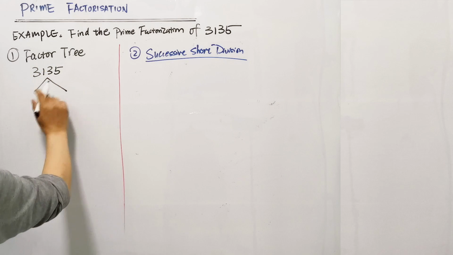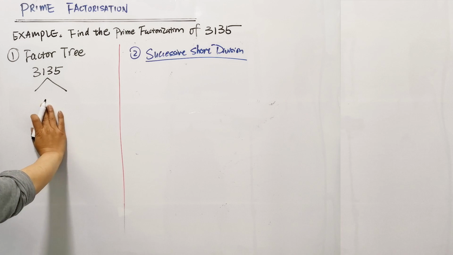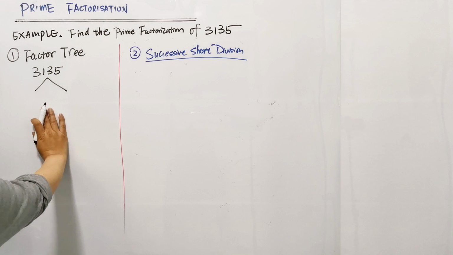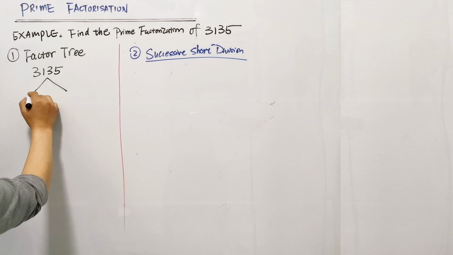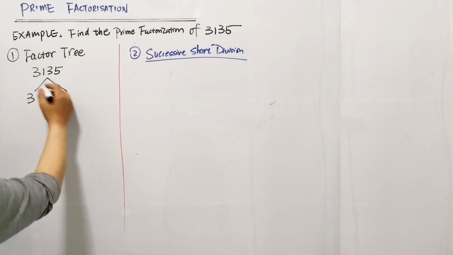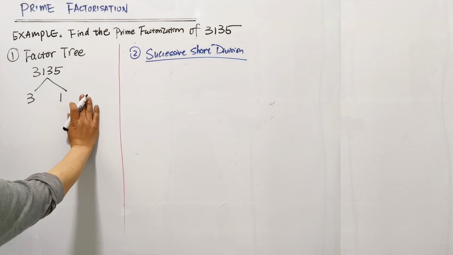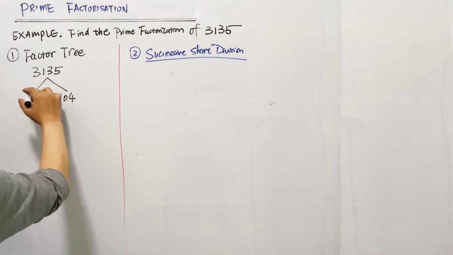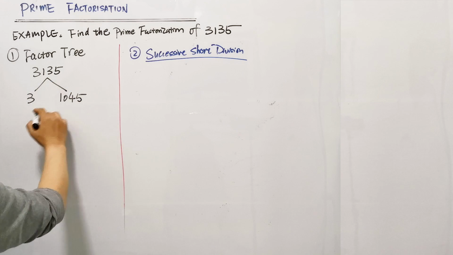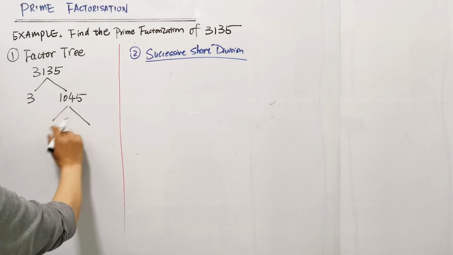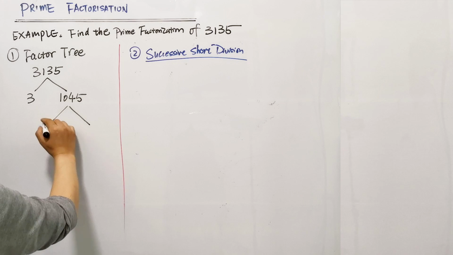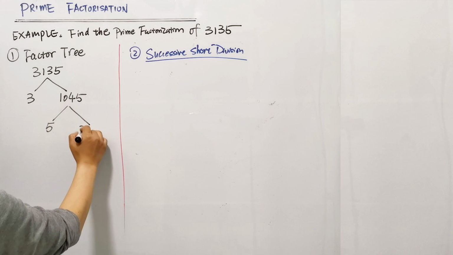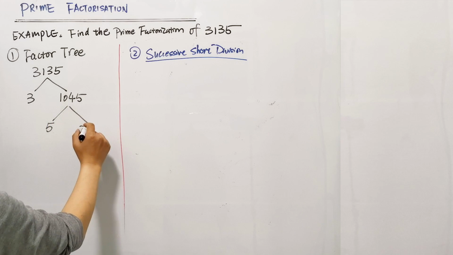Okay, so how do we separate this? Can we divide by 2? No. Can we divide by 3? Yes, seems like we can divide by 3, right? So we get 1, we get 0, 4, 12, 15, 5, right? How about this one? Continue. Can we divide by 5? Yes, 5, 2 here. Then we get 0, right?